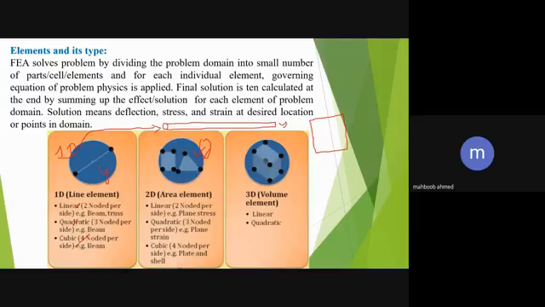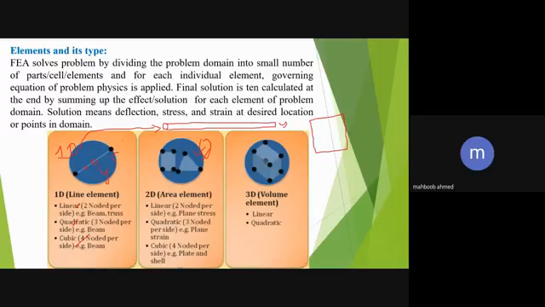If there are three nodes on a single linear element, then it is quadratic. And if you have four nodes on a 1D element, then that will be cubic.